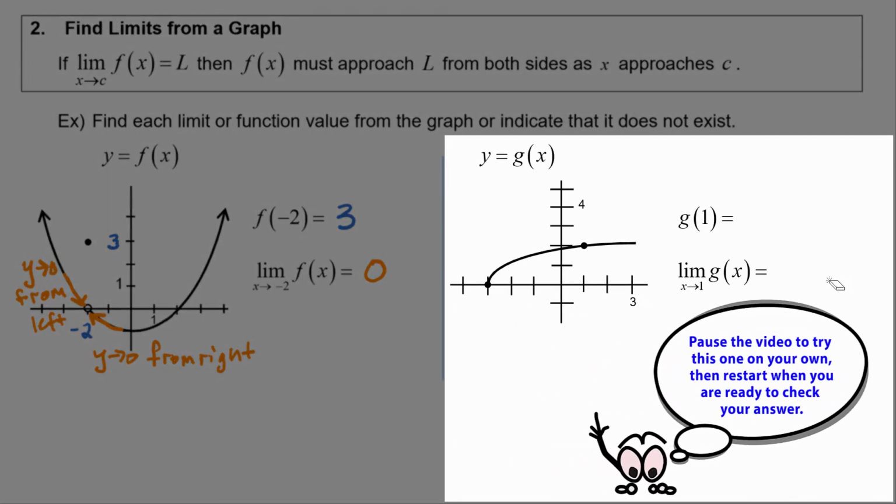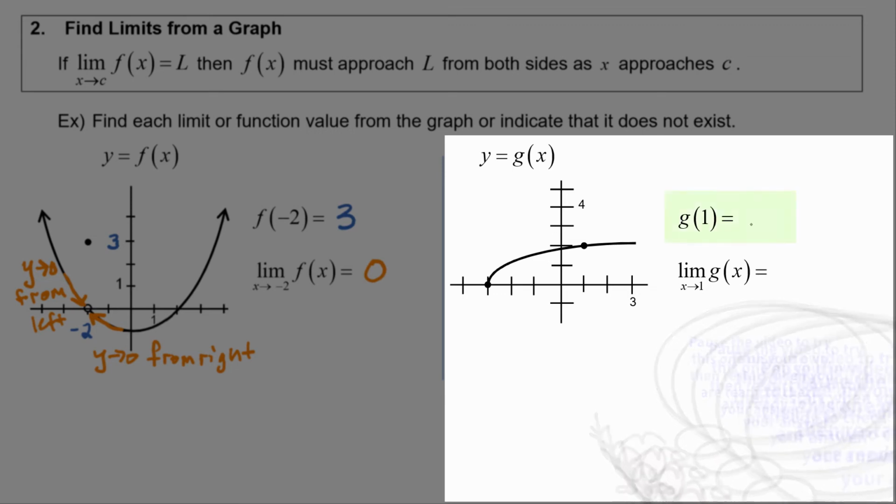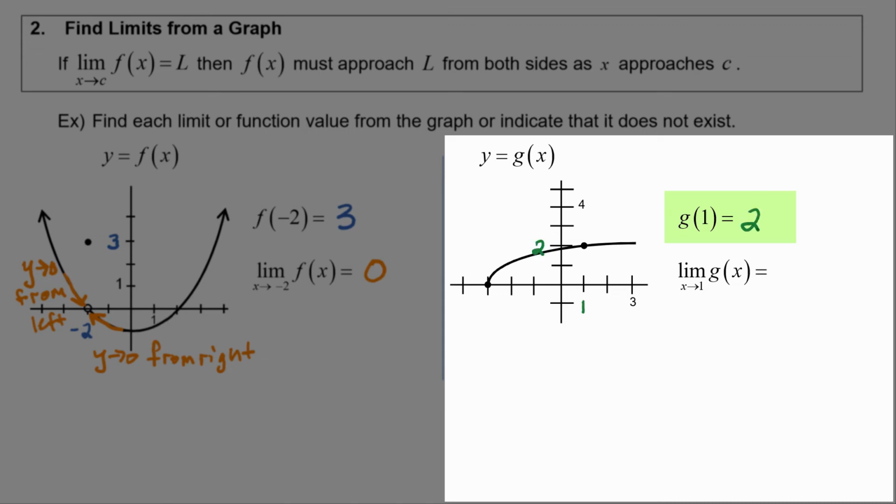Pause the video and try this next one, then restart when you're ready to check. First, we have to evaluate g of 1, and we can see that that is equal to 2. Then we have to look at the limit as x approaches 1 of g of x. Now, coming in from the left, we see that the y values are going to 2 as we come in from the left side of x equals 1.